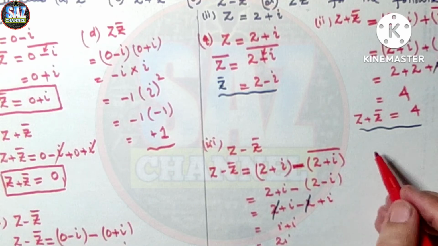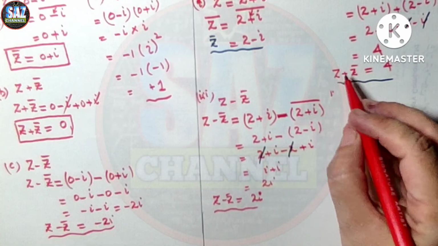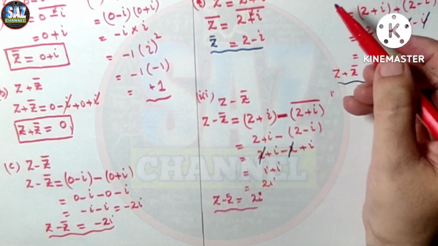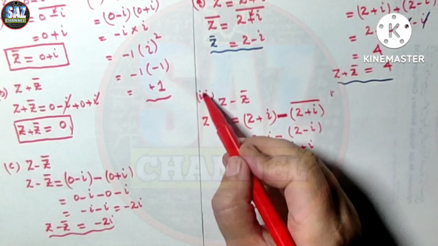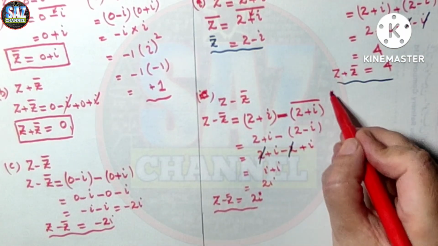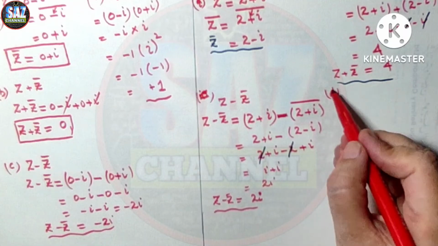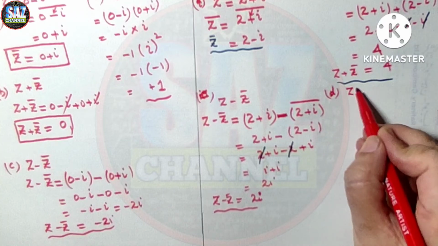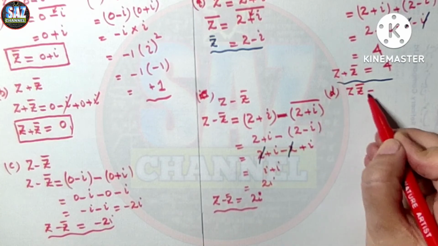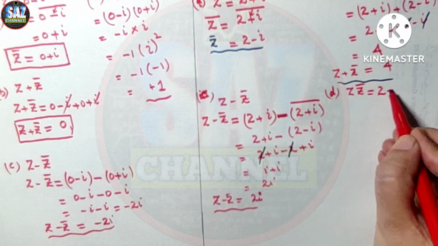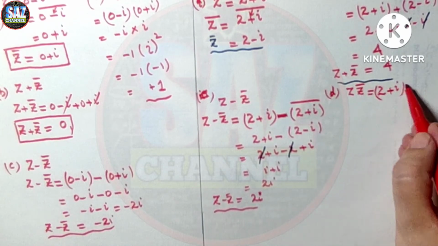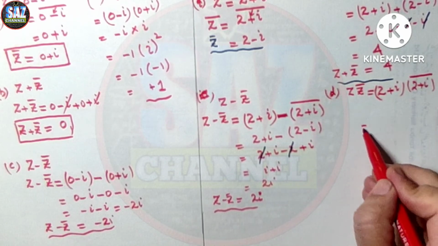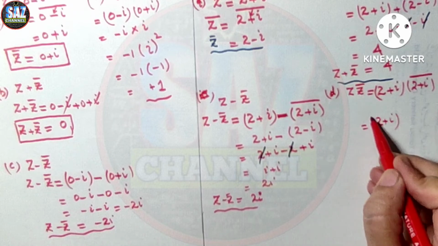And then finally, the fourth part. This is A, this is B, this is C. Let me mark it the way it is marked in the question, because students are young, they can misunderstand this. Now, what we have to do is multiply z and z bar. Z is 2 plus iota, and z bar is 2 minus iota, very easy questions.